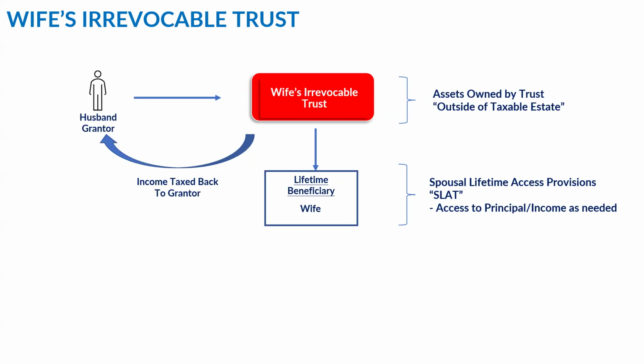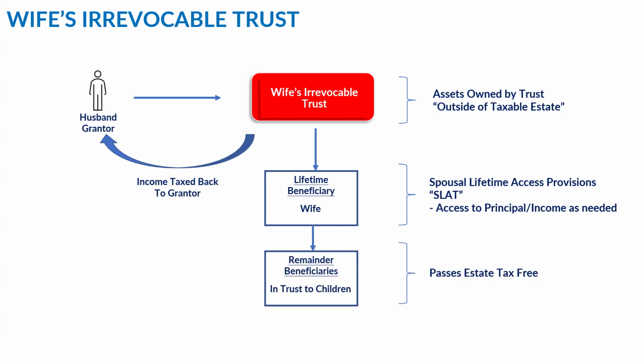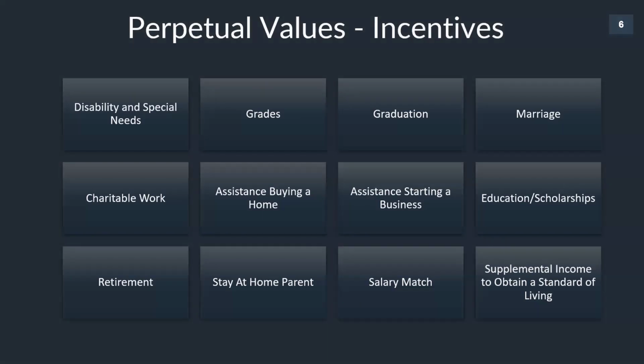What if she needs access to that? Plus, we can do almost an identical trust for the wife setting it up for the husband. If we want access for both spouses, we just have to do two separate trusts. At the wife's death, we can pass that on estate tax free to the kids, grandkids, keep it in trust, keep it there forever, whatever we want to do.